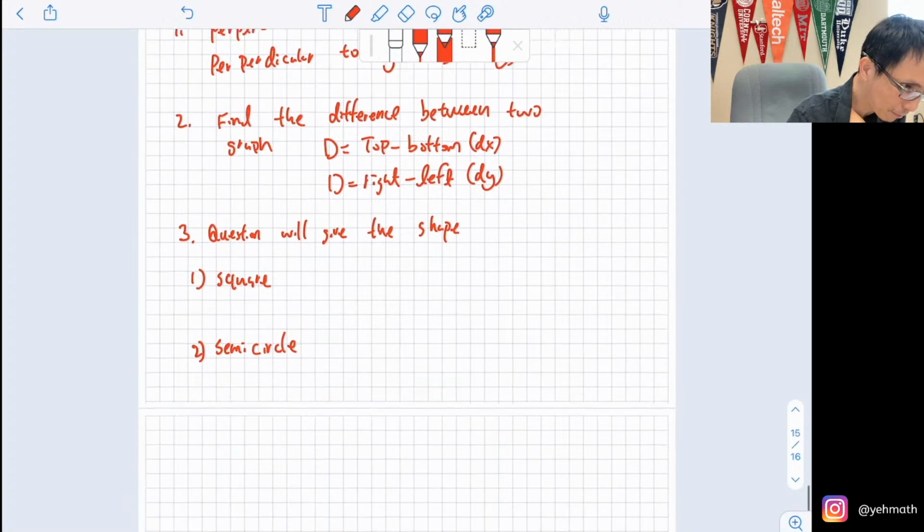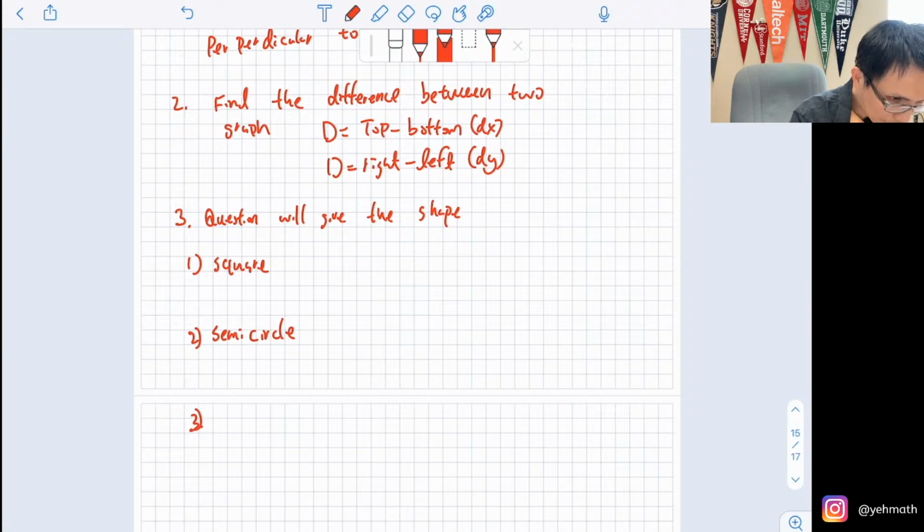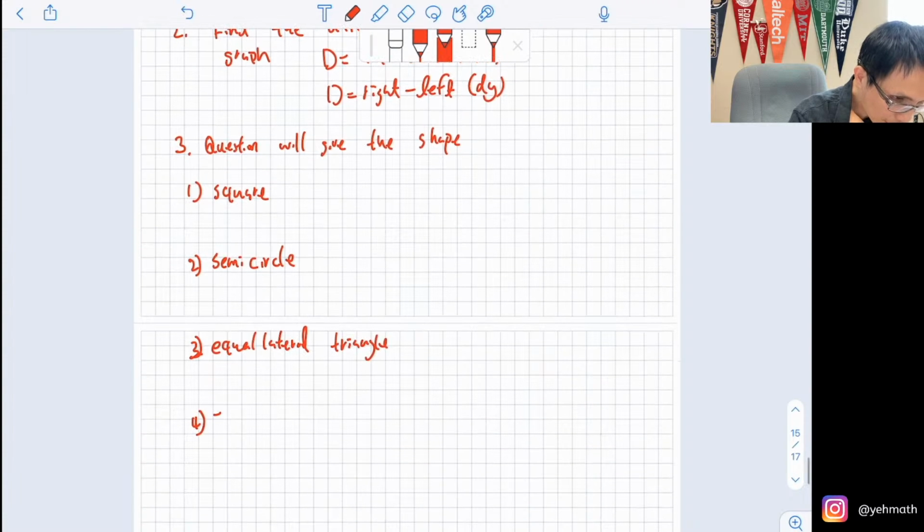On the AP exam, the third most popular is the equilateral triangle. The fourth most popular shape is going to be a rectangle.